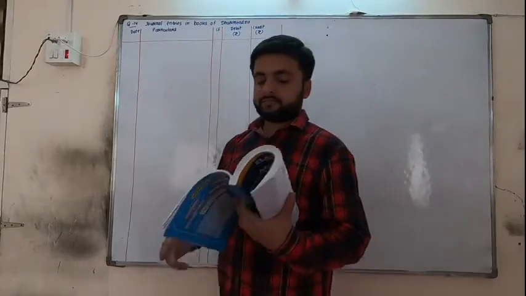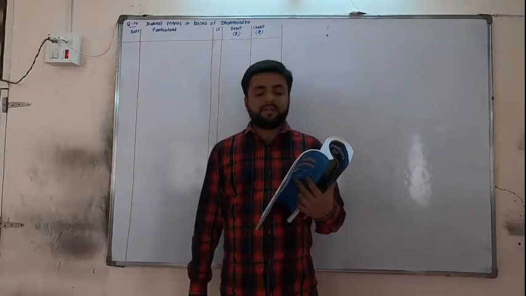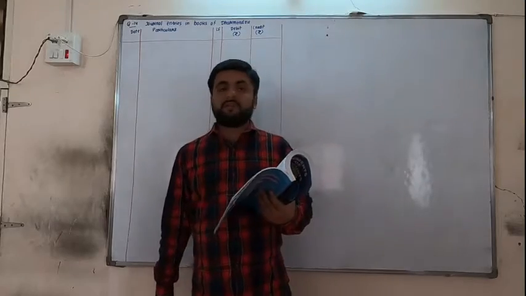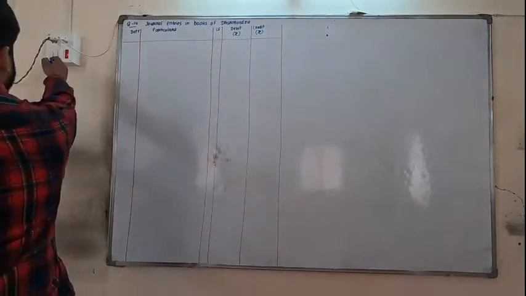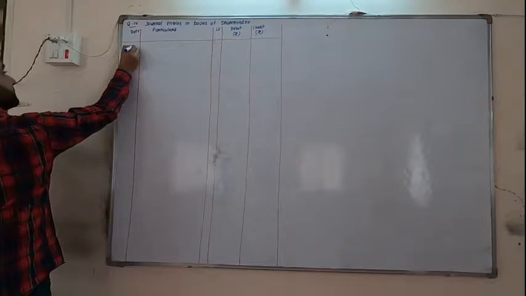Let's start. On 1st July, commenced a business by bringing in cash of 80,000, furniture of 20,000. Both are the assets, both are coming in, they are debited, owner is the giver, he is credited. 1/7/16.